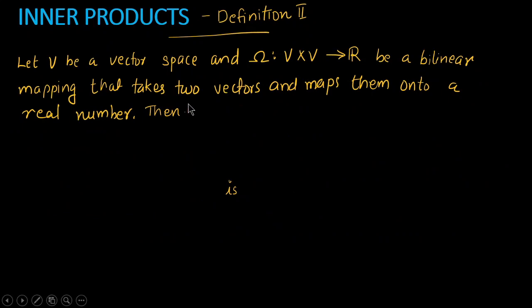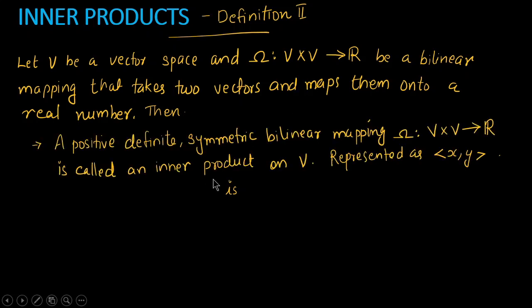Then the second definition goes like this. Let V be a vector space and ω from V cross V to R be a bilinear mapping that takes two vectors and maps them onto a real number. Then a positive definite, symmetric, bilinear mapping from V cross V to R is called an inner product on V, represented like this, with the parameters within angle brackets.